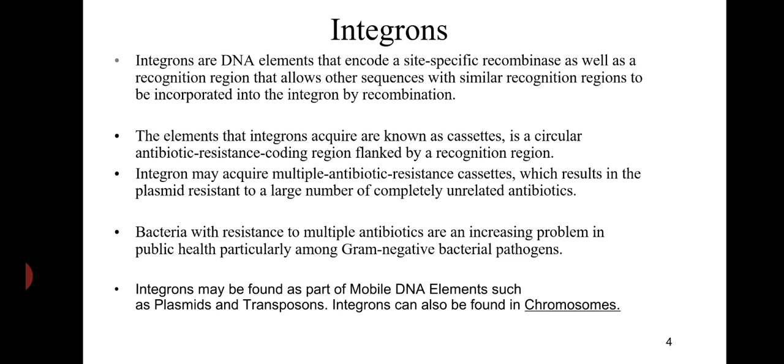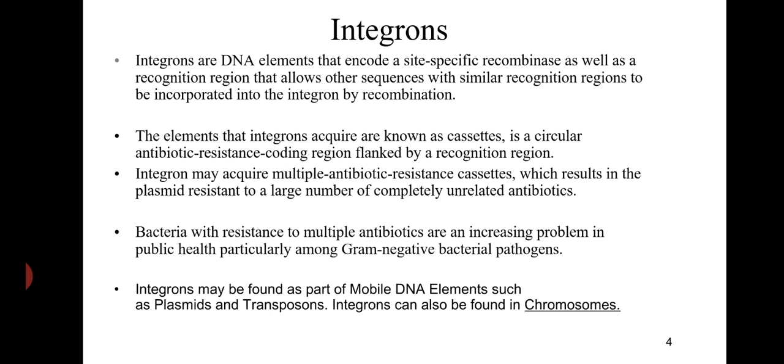Integrons are DNA elements that encode a site-specific recombinase as well as a recognition region that allows other sequences with similar recognition regions to be incorporated into the integron by recombination. So the integron structure has a specific gene, the site-specific recombinase gene, that produces the site-specific recombinase enzyme.